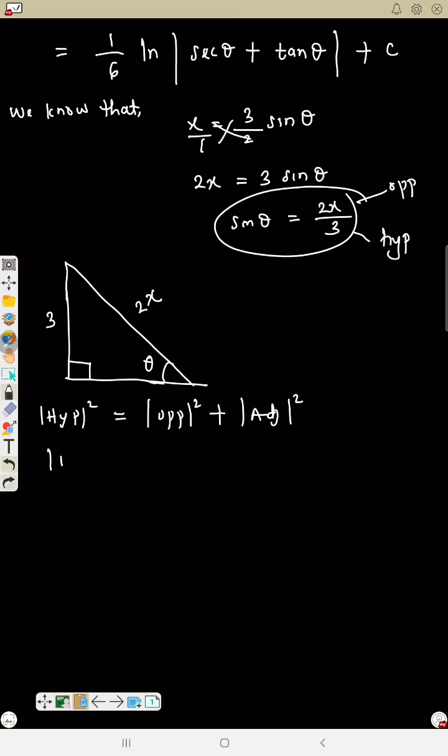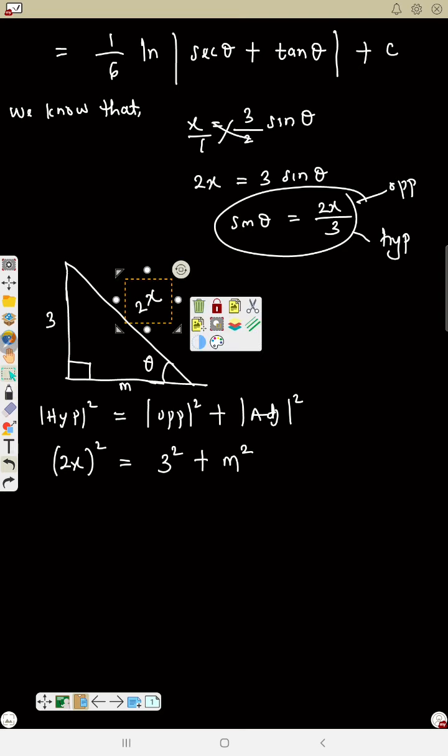What is now hypotenuse? Our hypotenuse is 2x. So this will be 2x square equals opposite, that will be 3 square, plus adjacent. Let's call our adjacent m. That will be plus m square. Now, I've made a mistake here.